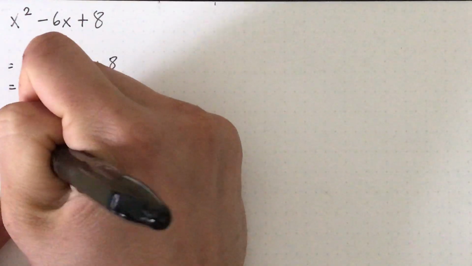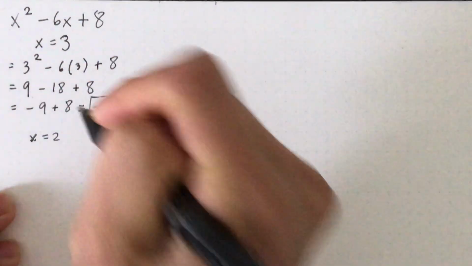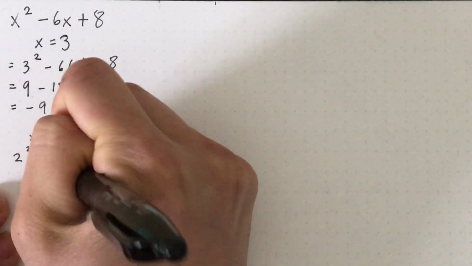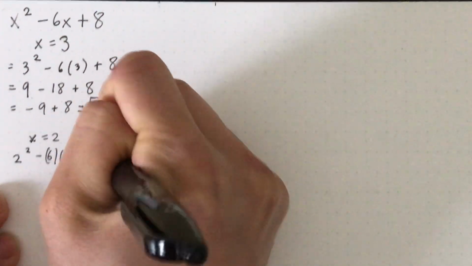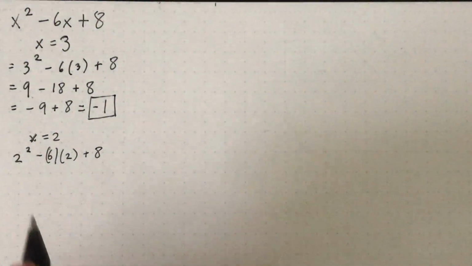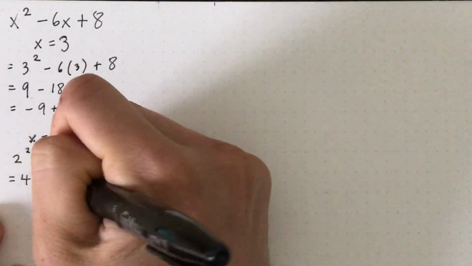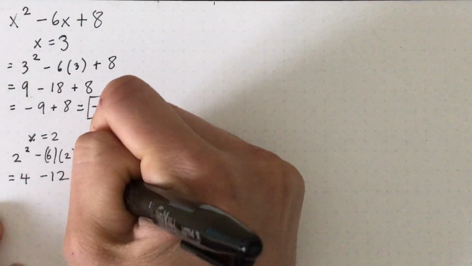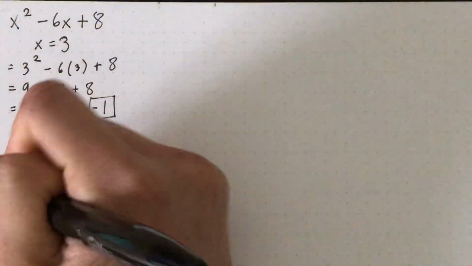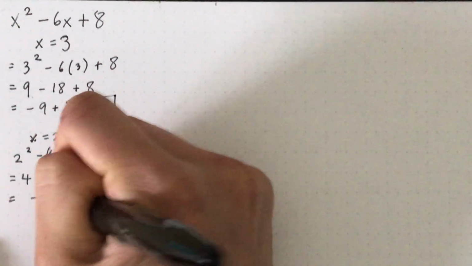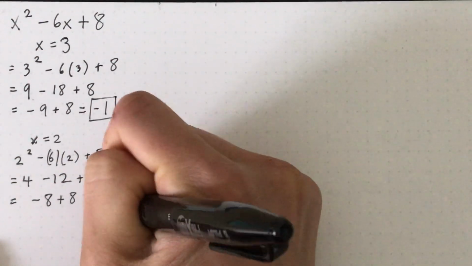If x equals 2, then we have 2 squared minus 6 times 2 plus 8. 2 squared is 4. 6 times 2 is 12, then plus 8. Let's go from left to right. 4 minus 12 is negative 8, and then plus 8. And it turns out that this is 0.